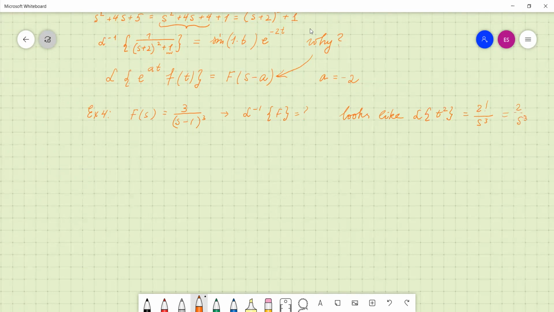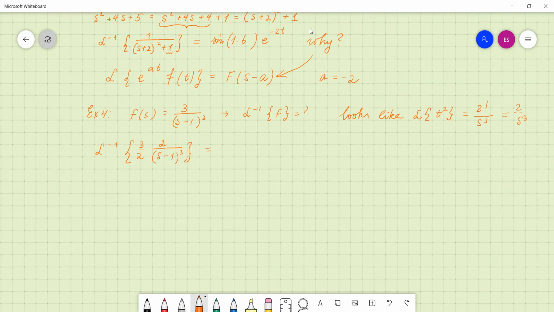But here we do have 3 over s cubed, so we need to adjust this 3 to make it like 2. So I'm going to write down the inverse Laplace transform, and here I'm going to write 3 over 2 times 2 over (s minus 1) cubed. Right? Good.